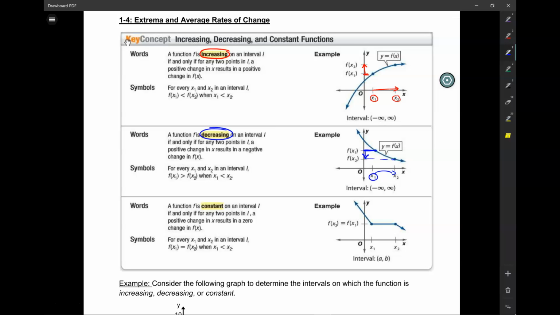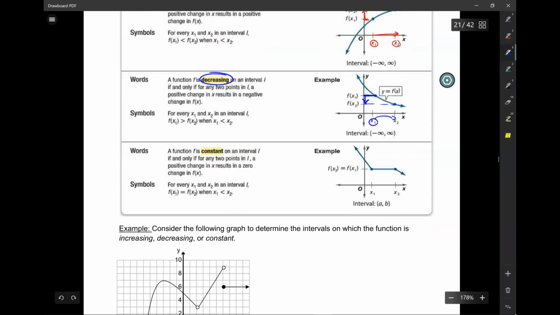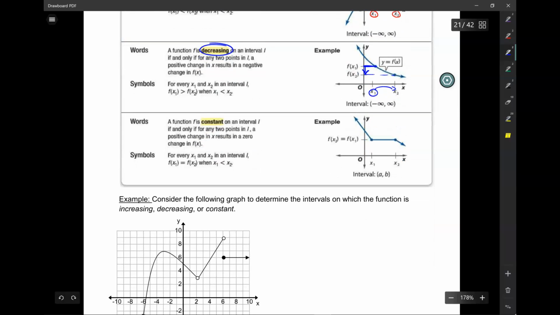All right? And then a constant function is if when you move from one value to the right to another value, if you go from x1 to x2, the y values will stay constant. That's a constant function.